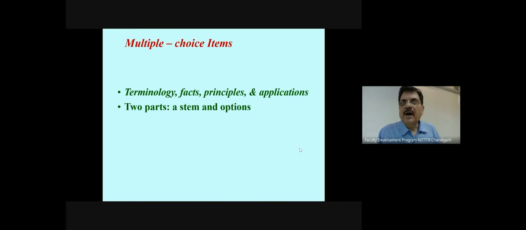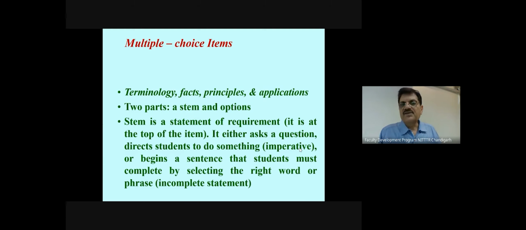So it has got two parts, a STEM and option. STEM is a statement of a requirement and it is given at the top of the item. It either asks a question or begins a sentence that student must complete by selecting the right word or phrase, that is incomplete statement.